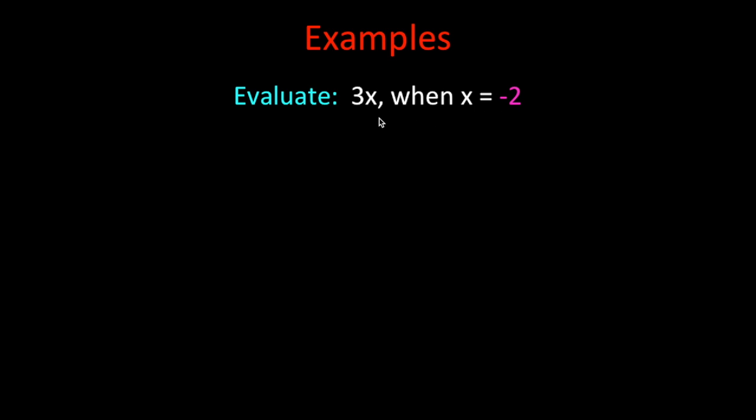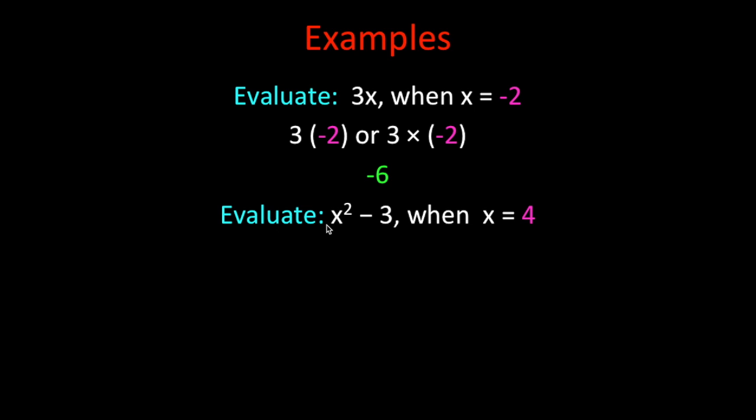So 3 times -2 or 3 multiplied by -2, either way is right. Because you're multiplying two numbers with different signs, your answer is going to be a negative number. In this case it is -6. A positive times a negative is a negative, okay?